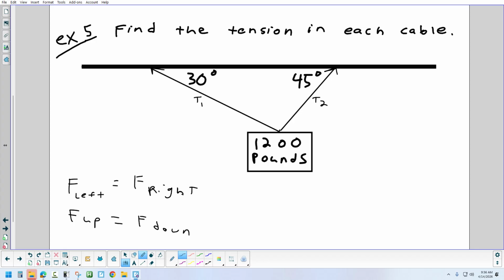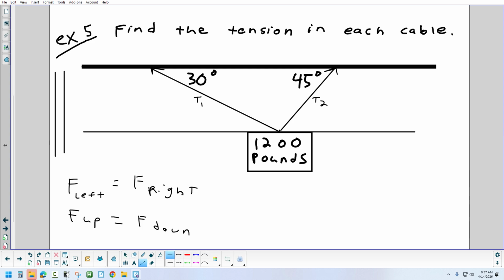So now what we have to do is start breaking down the tensions into their components. And what are we going to draw to break the tensions into their components? Right triangles. We're going to draw a bunch of right triangles. We're going to have a horizontal here, and a couple of verticals.